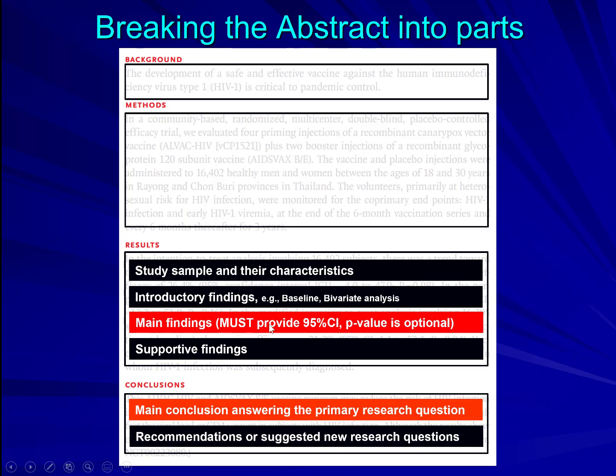I put it here, must provide this one. The p-value is optional, but not the p-value solely. It's really highly misleading. Don't do that. And if needed, supportive findings to make the main findings stand out. Usually these are the components of results.